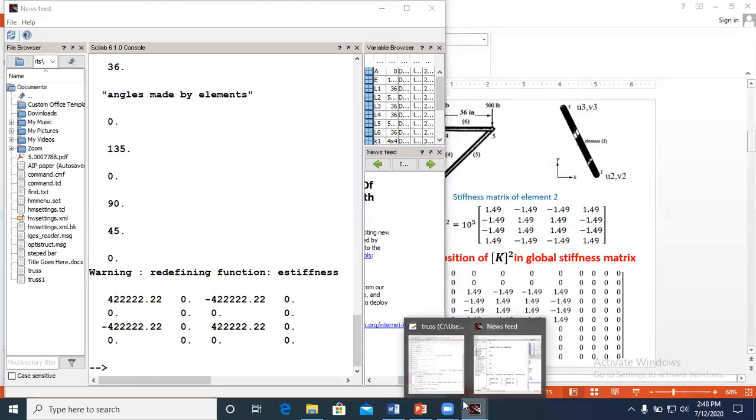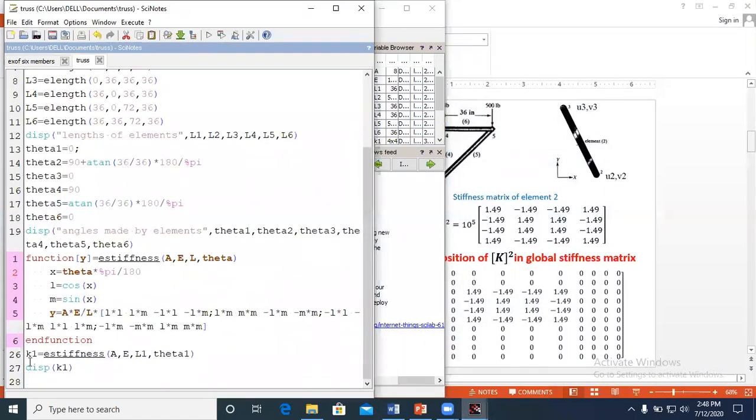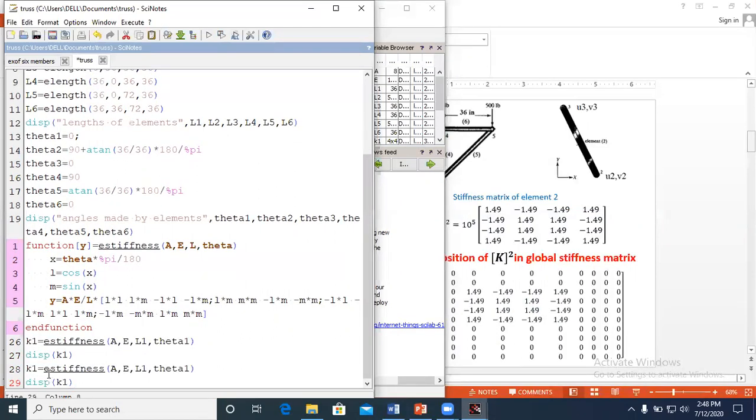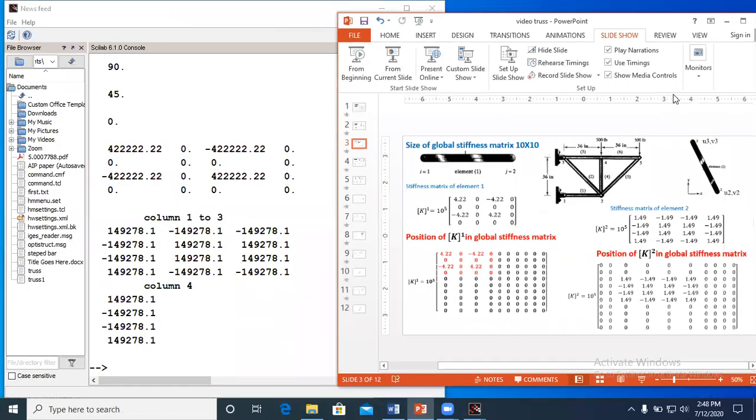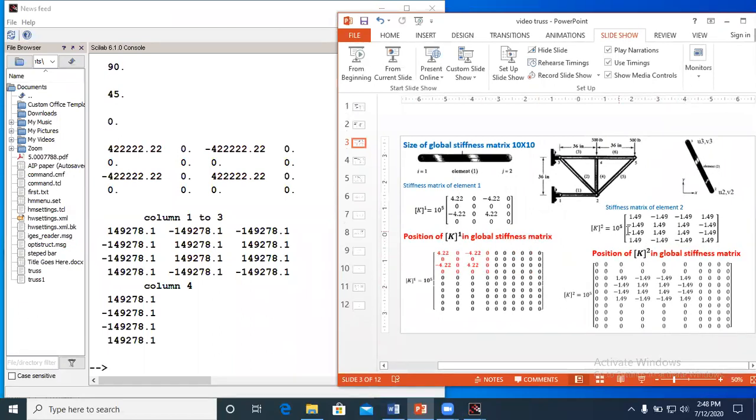The same procedure you repeat for all other elements. Now you just call the function. I will write here K2, this K2 with area of element number 2, modulus, length of element number 2 and angle made by element number 2, and I will display K2. Now you can check it. This is the stiffness matrix of element number 2, K2.